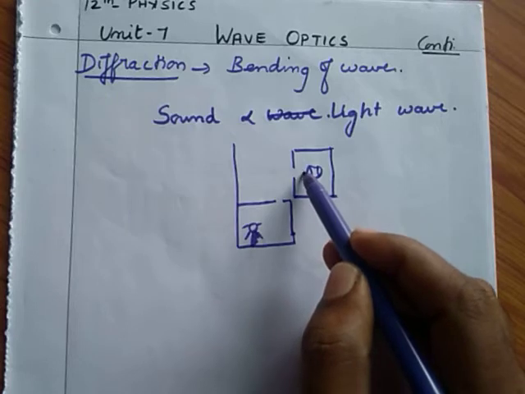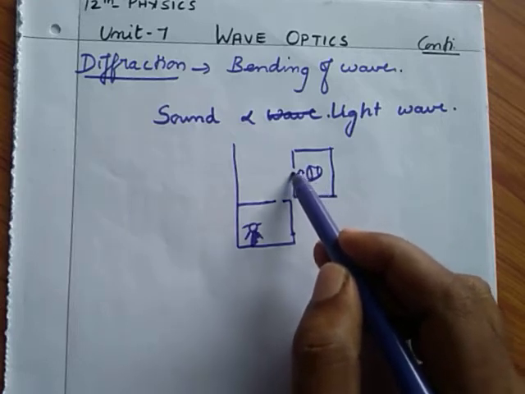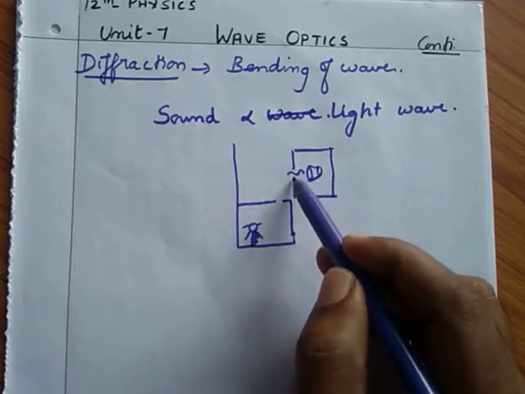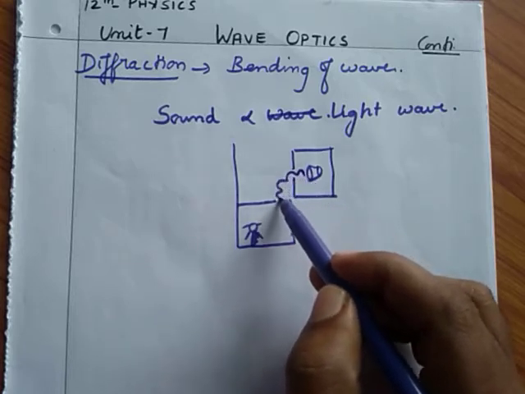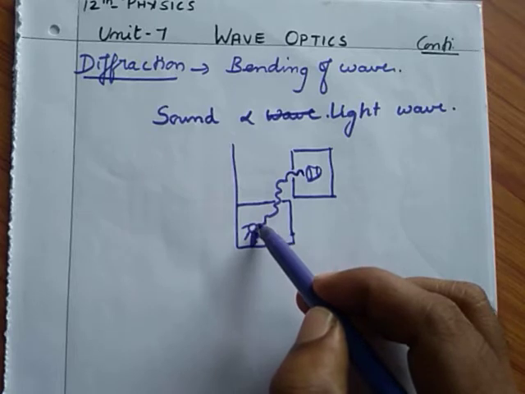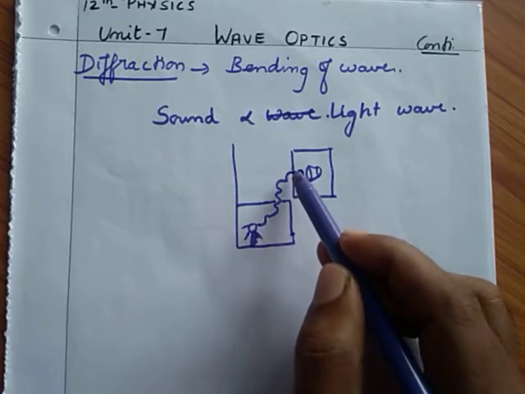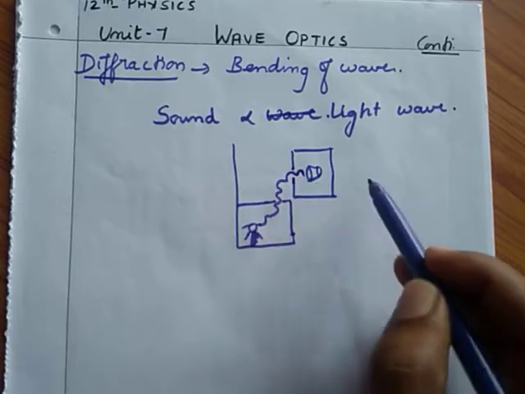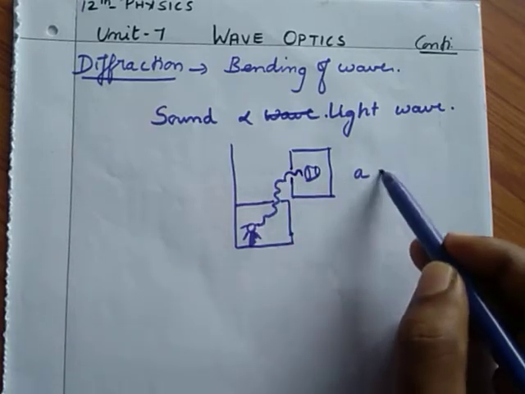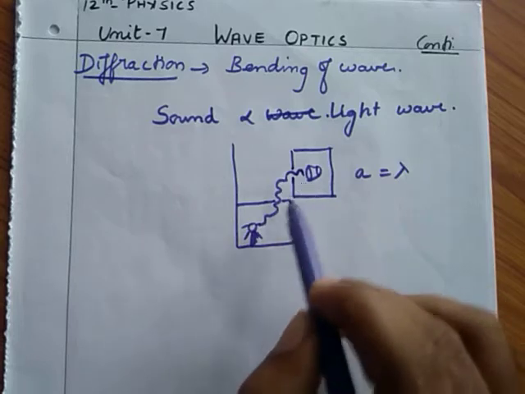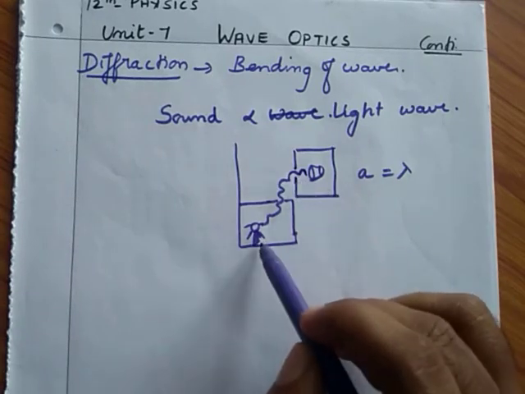See, the sound from the speaker can travel through this part because of diffraction. Diffraction means bending of the waves. See, this is the obstacle. The obstacle size is considered as A. If the obstacle size is comparable to the wavelength of the wave, then diffraction is possible.